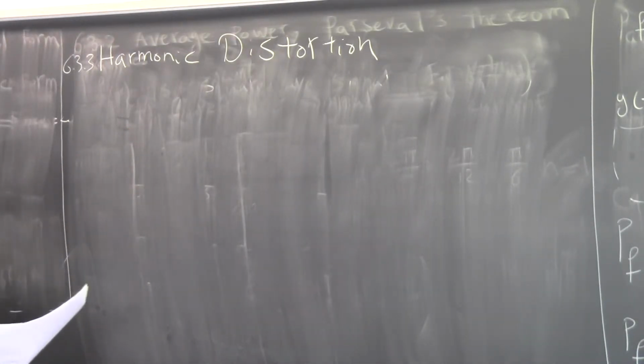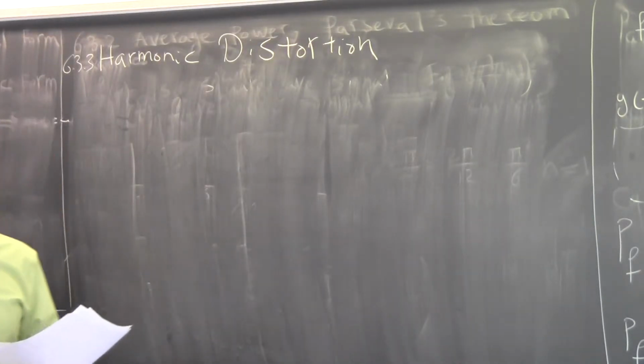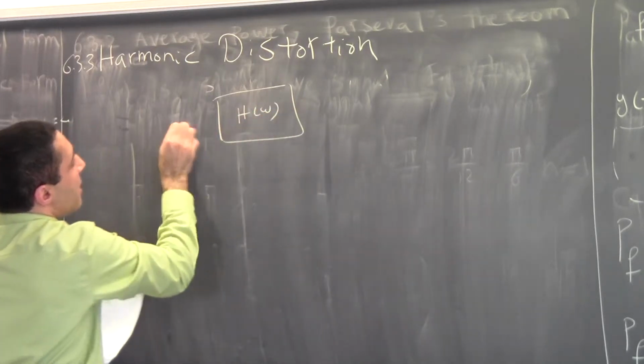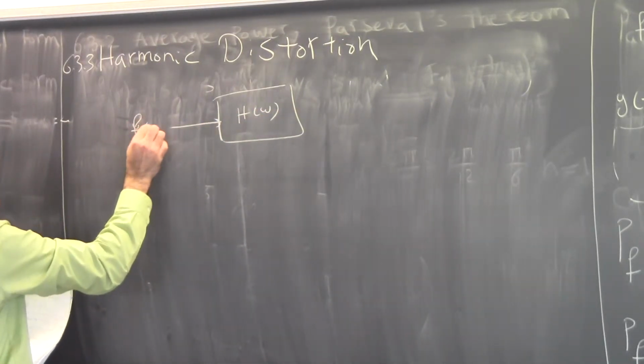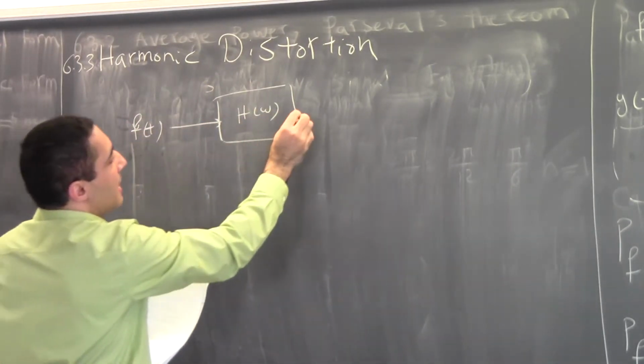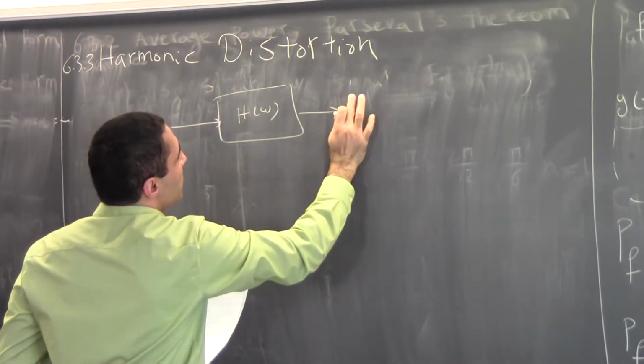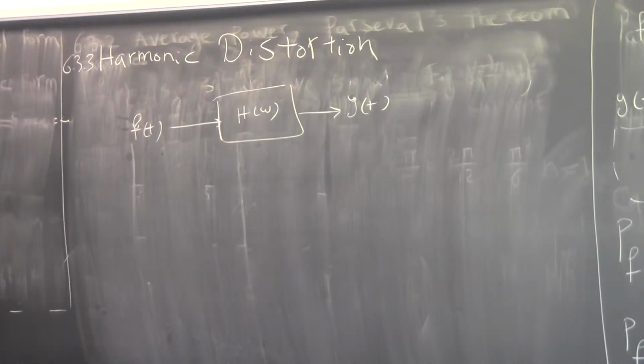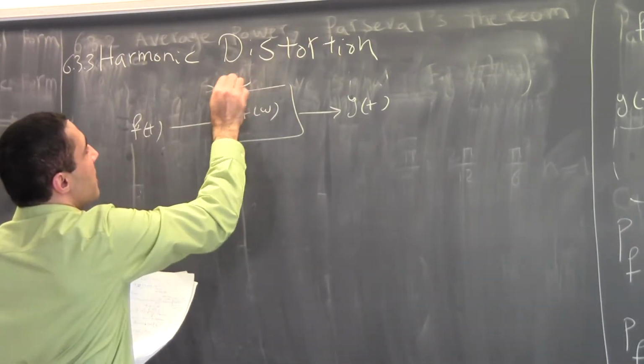In actual life, your system, that H of omega, has a signal as an input, and then a signal as output, y(t). You learn how to do calculation for a linear system, but it's no longer linear.